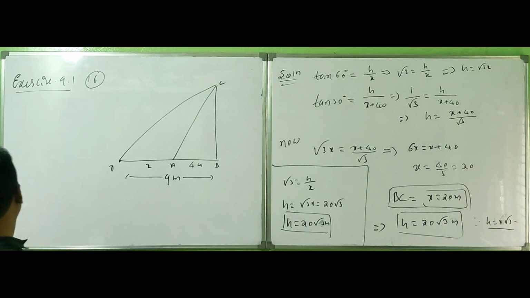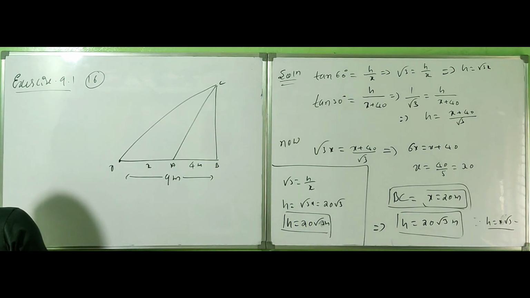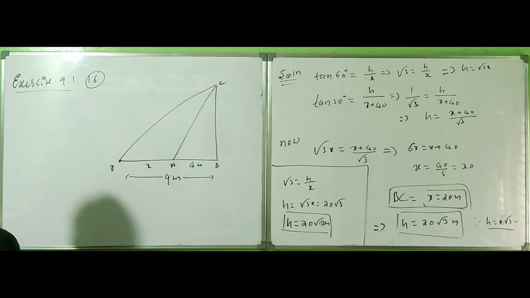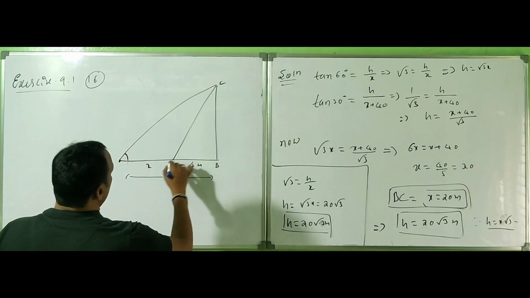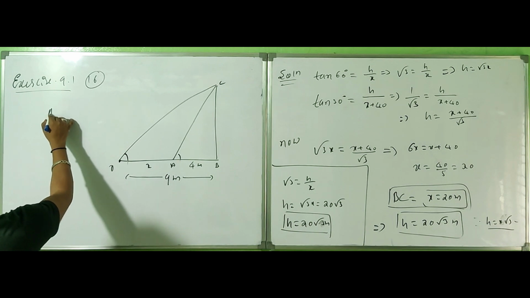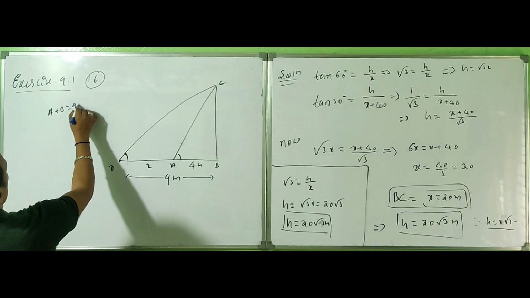Right? And the condition is the angles are complementary. Okay? Angles are complementary means, what? A plus B is equal to 90 degree.